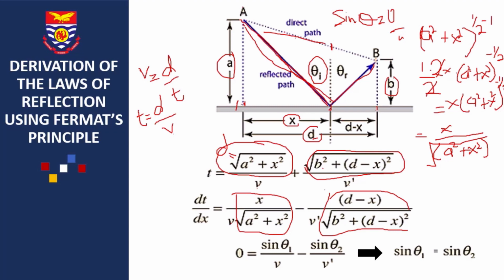So we can present the whole of what we have here. Let me use a different color. The whole of what we have here to be what? Sine theta 1. The same as we can present the whole of what we have here as sine theta 2.